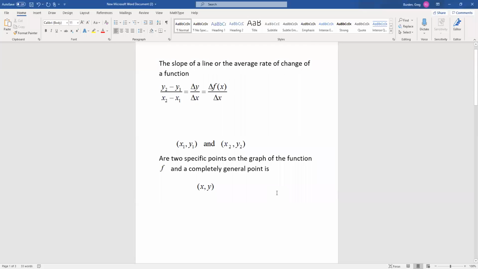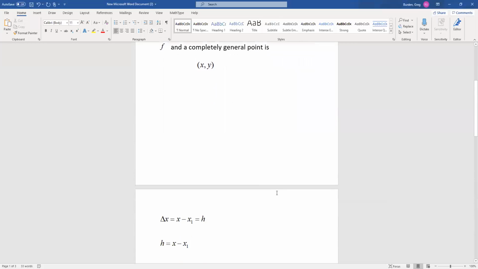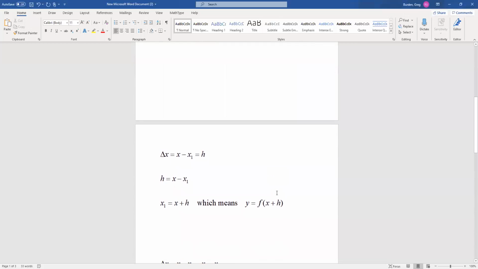Now, the reason to bring that up is because we're going to look at a slight change in notation here. Delta x, again, was the difference of two particular x values, but we can also use it from the point of view where we're talking about a completely generic point where we don't care what the coordinates are, and then we have some other point that we're considering at the same time.